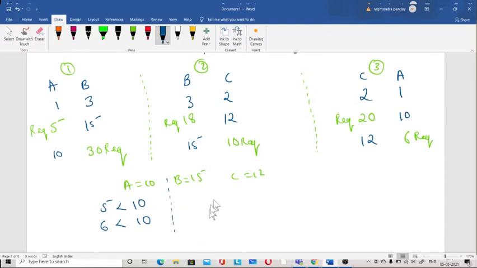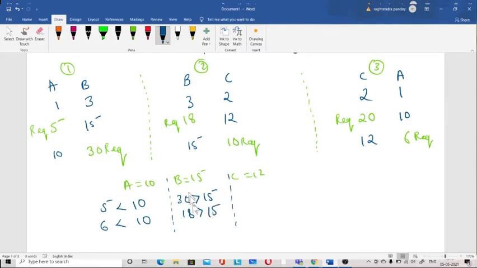Now for B, here 30 is the requirement. Given moles are 15, so the requirement is more than the given quantity. And in this case the requirement is 18, which is again greater than the given quantity 15.